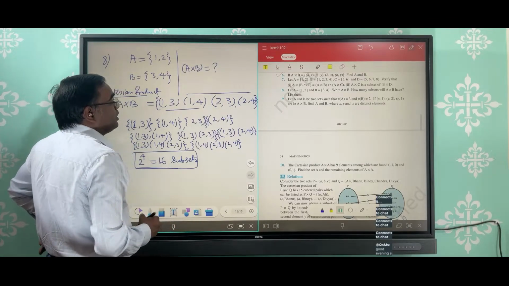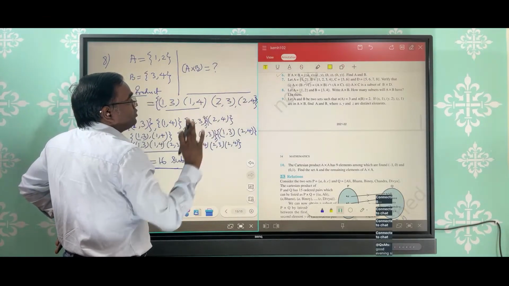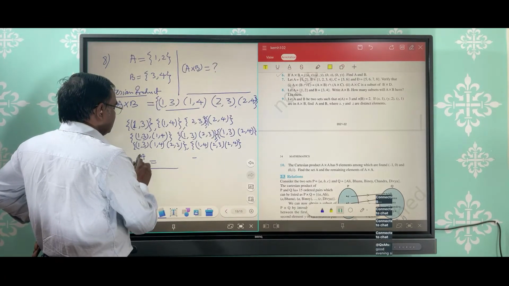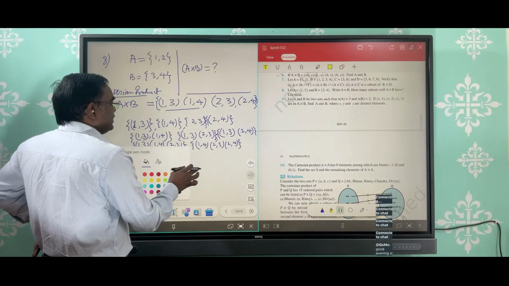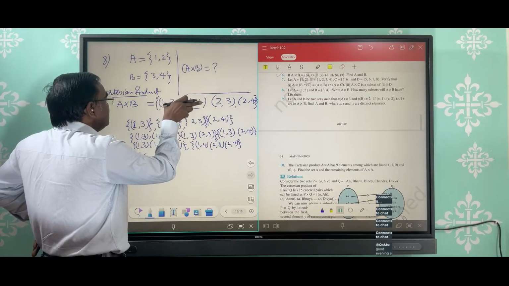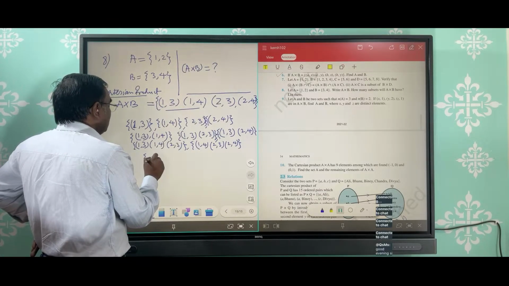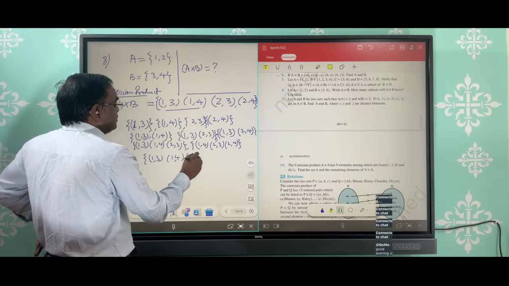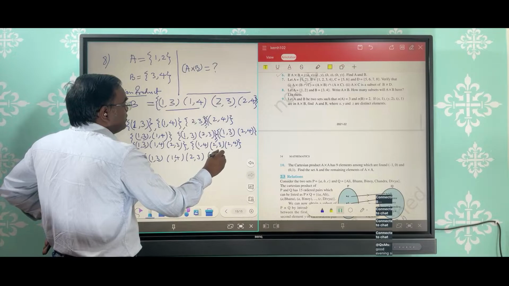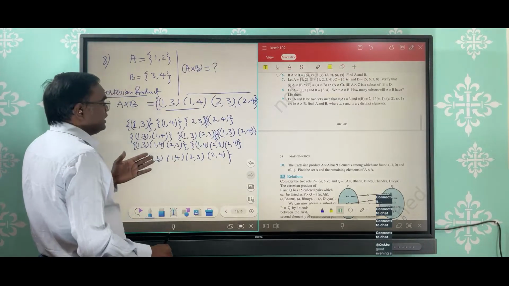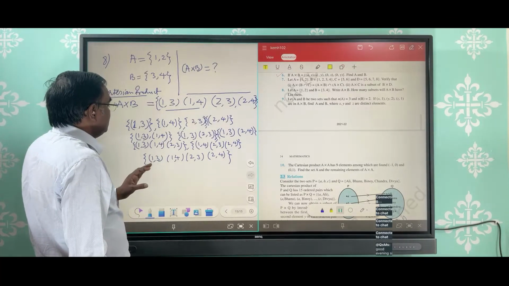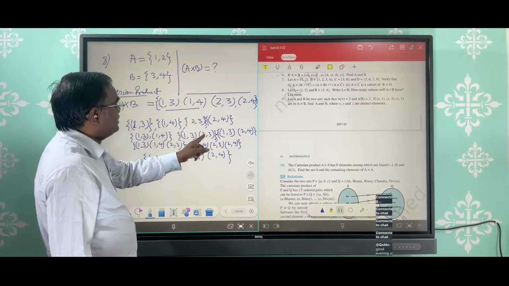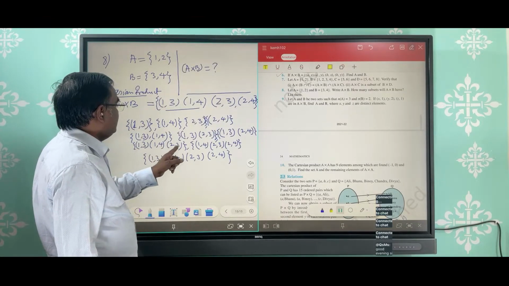Now you can take all elements together to form the subset, the set itself: (1,3) (1,4) (2,3) (2,4). Now you can calculate the total number of subsets: 1 2 3 4 5 6 7 8 9 10.